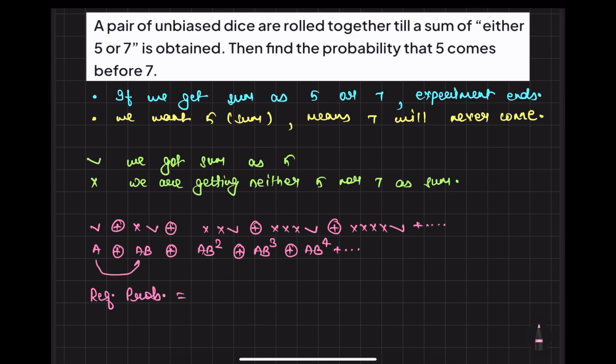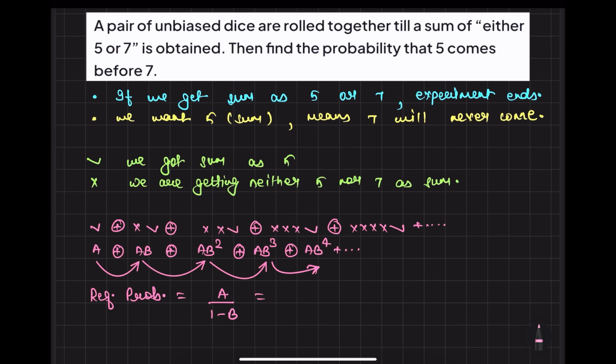If you multiply by B, you will get the next situation, and so on. This means it is a pure GP having infinite terms. So can I say that the sum of infinite terms of a GP is A by 1 minus R? Here the common ratio is B.